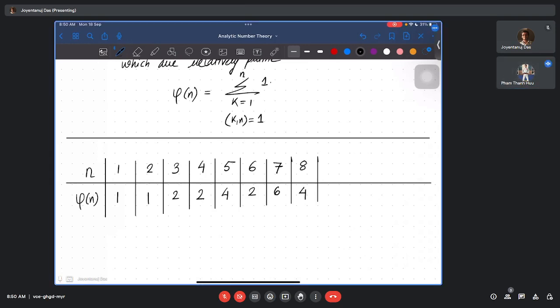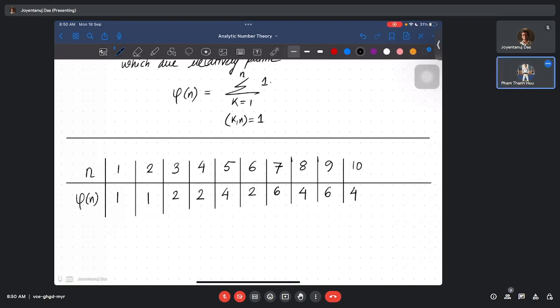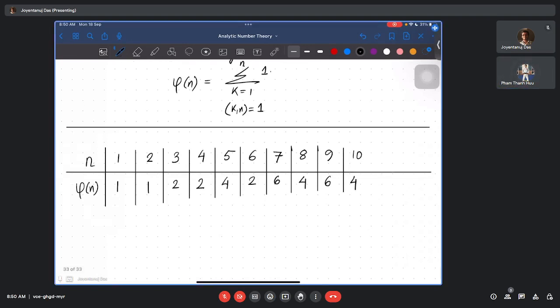For 9, phi of 9: 1, 2, 4, 5, 7, 8, that is 6. And similarly, for 10 it is 4. So for some small values of n, we get phi of n.